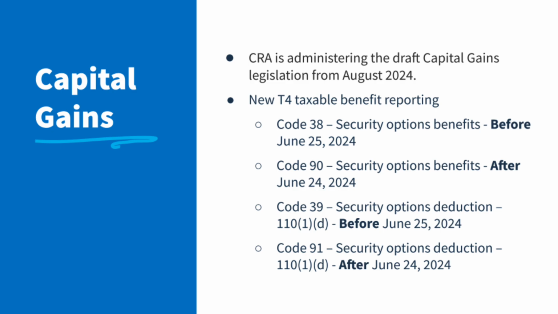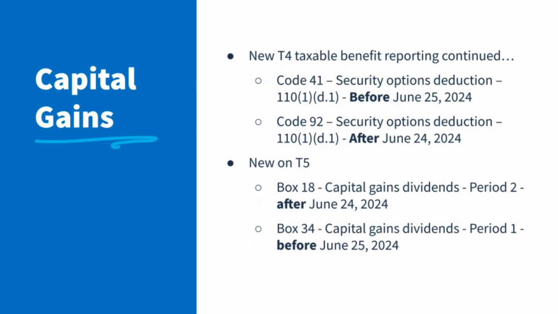So those new codes on the T4 are 38, 90, 39, 91, 41, and 92. Some of those you probably recognize from last year. They've just made that separation between before and after the change in the capital gains inclusion rates. On the T5, that will impact box 18 and new box 34.